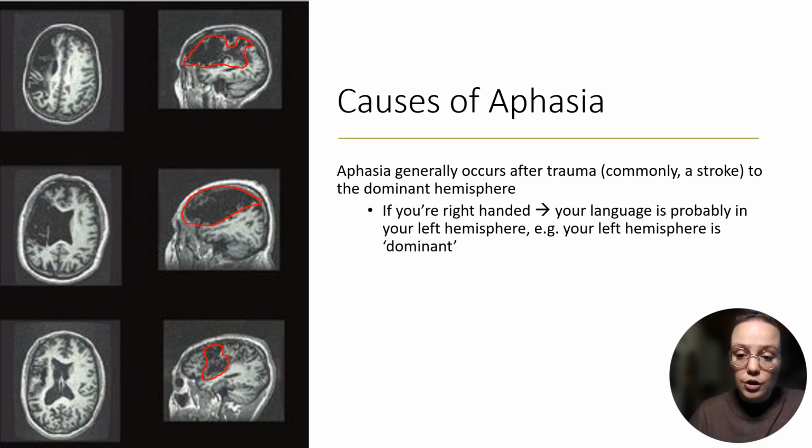Typically, the larger strokes are the ones that result in aphasia, but that's not always true. This middle individual has the largest amount of tissue damage from stroke. This individual has a considerable amount too, and this individual at the bottom has a comparatively smaller amount of damage. But all of these strokes have involved the middle cerebral artery.